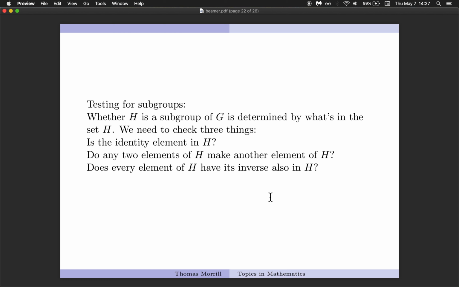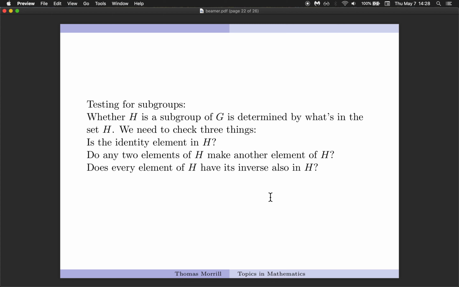In general, how do I know that I have a subgroup, right? I said that the set of integers is a subgroup of the set of rational numbers when we are working in the operation of addition. Said that a couple slides ago. My definition says I need to make sure that H is a group under the same operation. So what do I need to check?